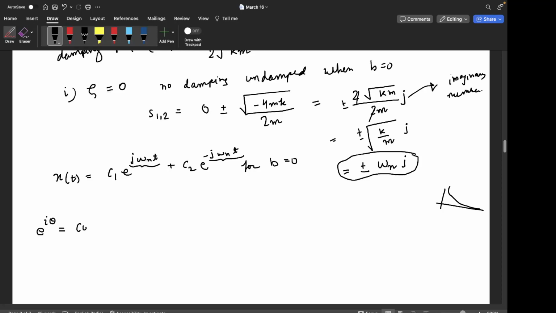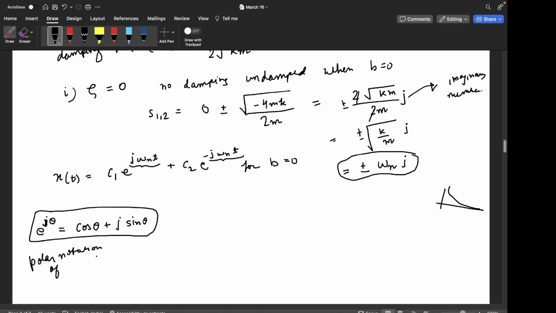Like this is cos theta plus, I'm mixing notation, so let me keep j as the imaginary unit, so j sin theta. Are you guys aware of this? Yes, sir. Yes. Right, so this is the polar notation of complex numbers, right?